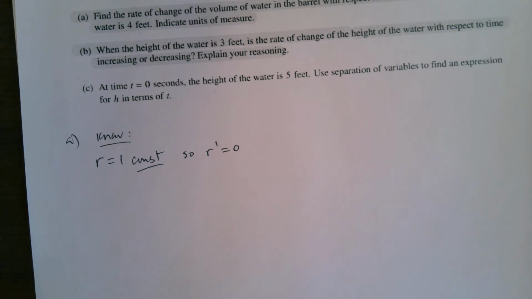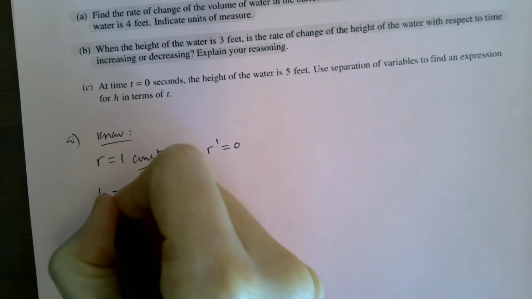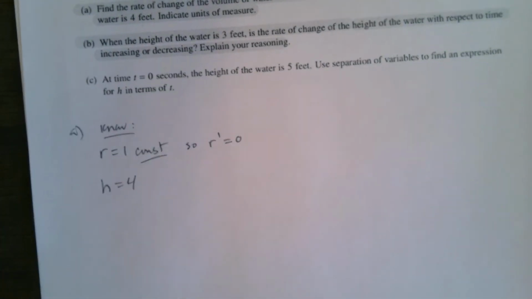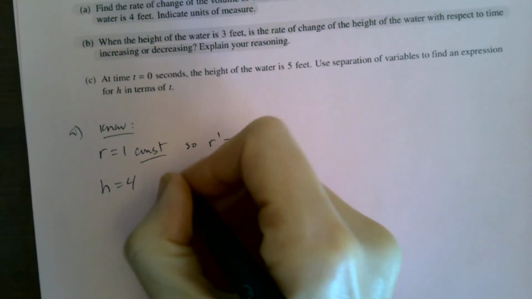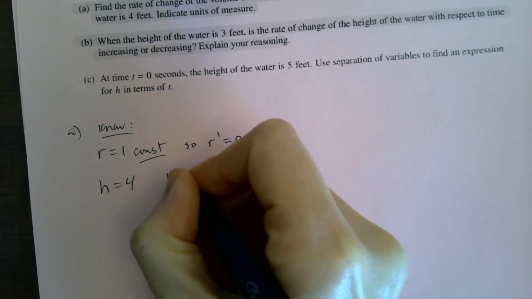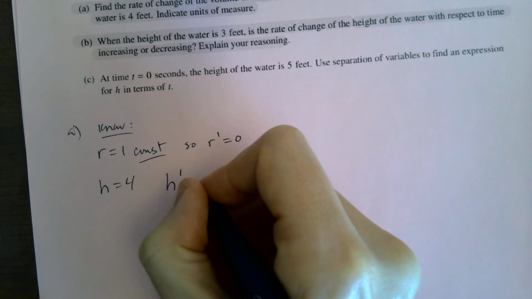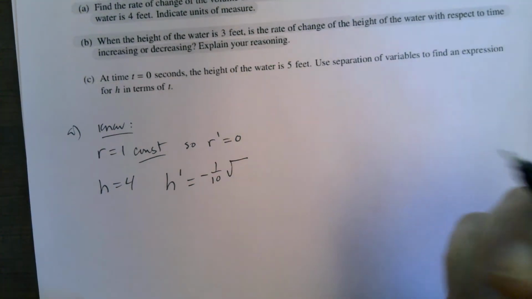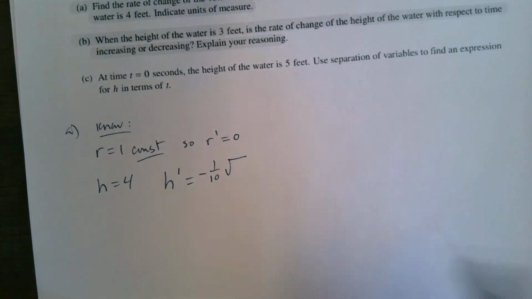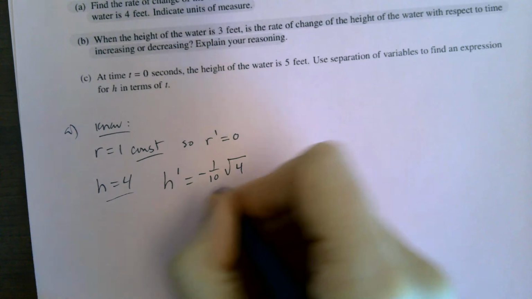Find the rate of change of the volume of the water in the barrel with respect to time when the height of the water is 4 feet. So we also know that the height is 4, but not always. This height is not always 4. And we also know that H prime is equal to -1/10 radical H, which at this moment is 4.